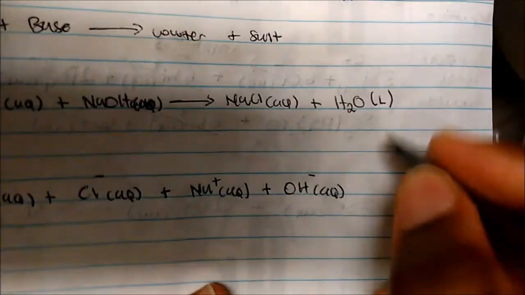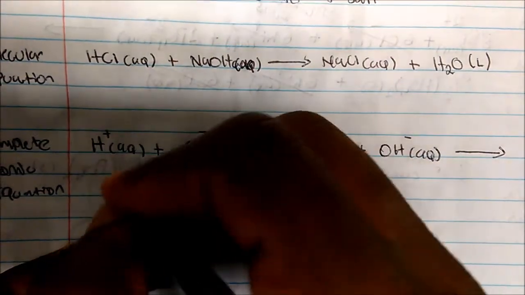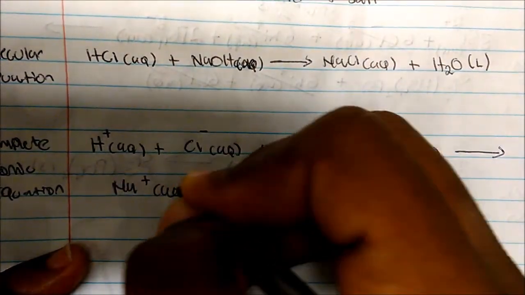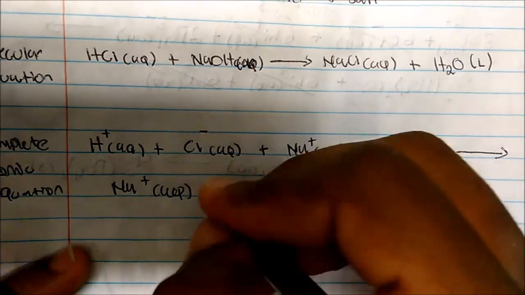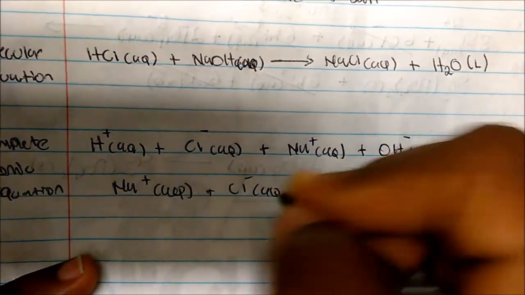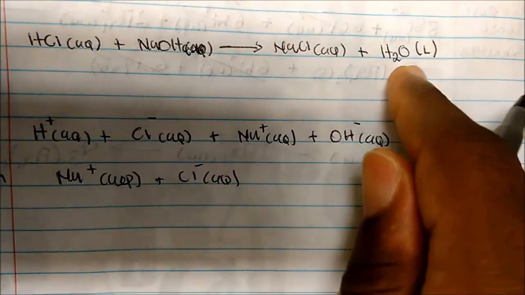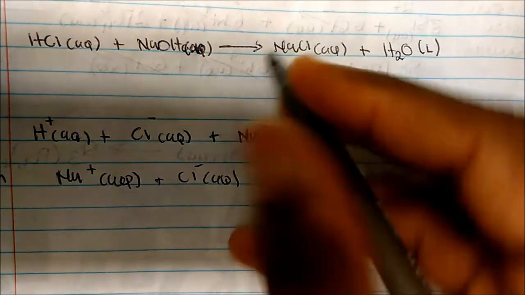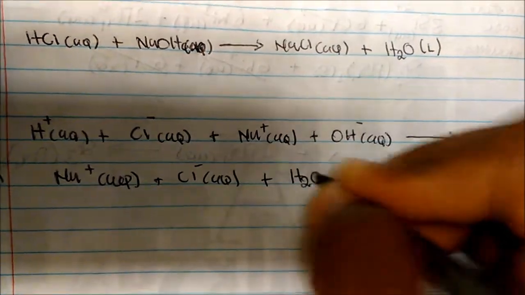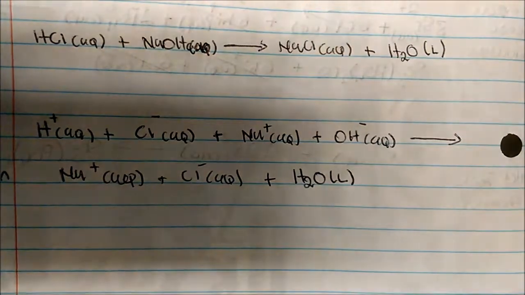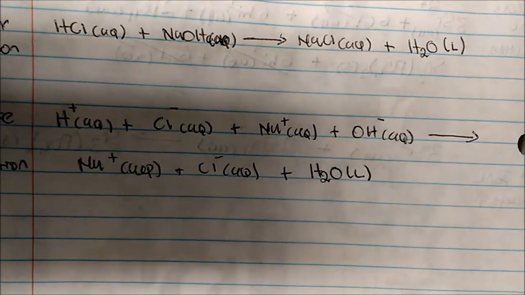Then we draw an arrow, and that will give us sodium plus aqueous plus Cl minus aqueous. Water is in its natural state. Notice this is a liquid, so we don't touch this at all. So this is just H2O liquid, and this will be the complete ionic equation.